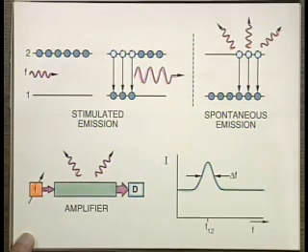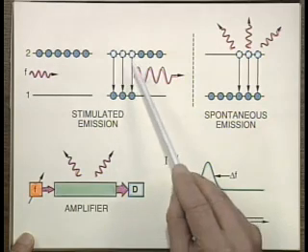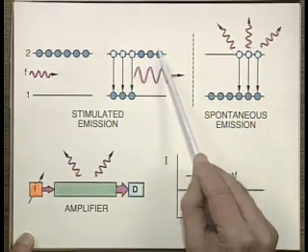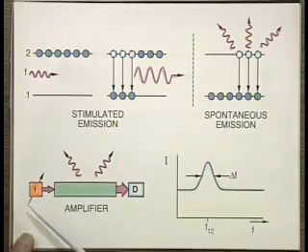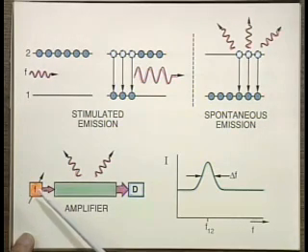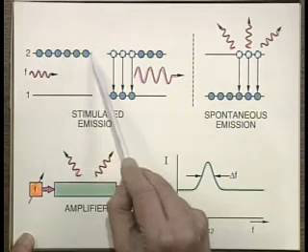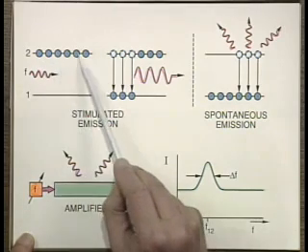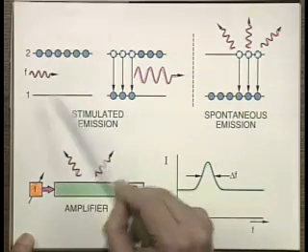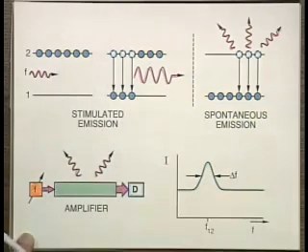Now, what about the spontaneous emission? Because before we said when all the atoms are in the excited state, there will be spontaneous emission. Well, that's true, because if you had a condition like this where there's no light coming in and all the atoms are excited, if you wait long enough, then all these atoms will decay spontaneously by themselves, emitting light in all directions.